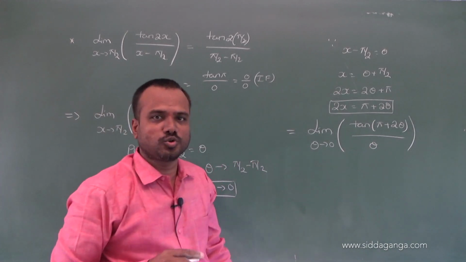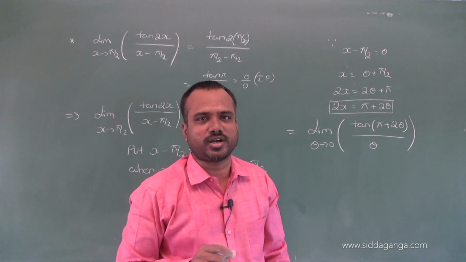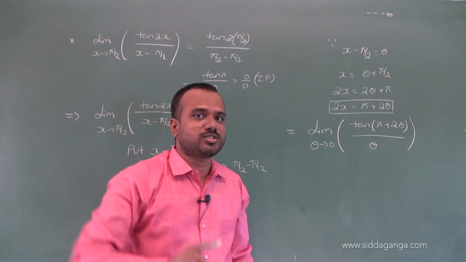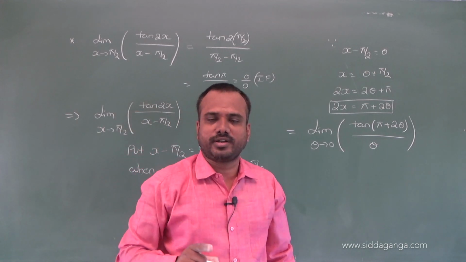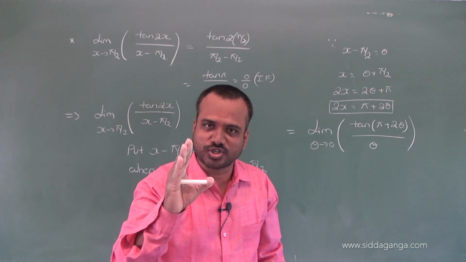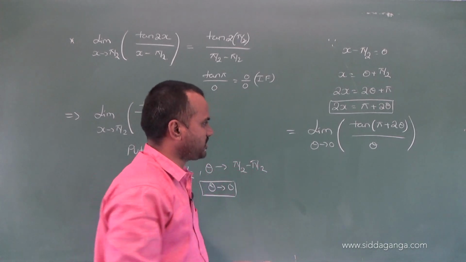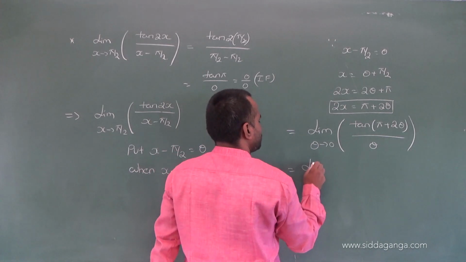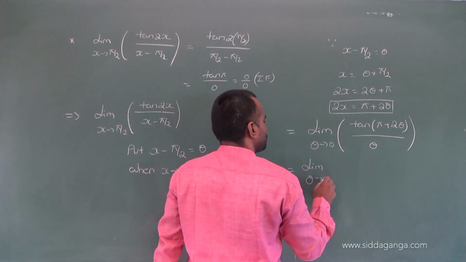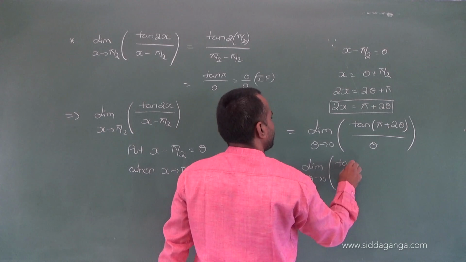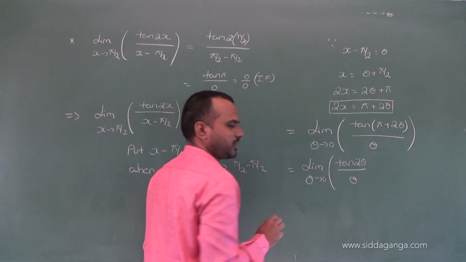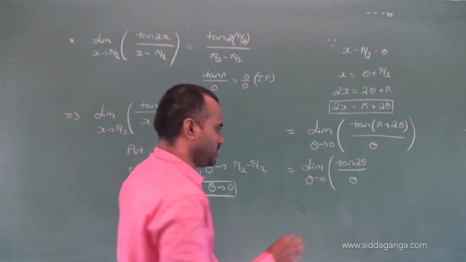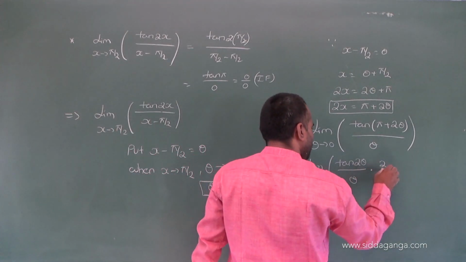Tan of 180 plus theta lies in the third quadrant, where tan is positive, so it is tan theta. Limit theta tends to 0, tan 2 theta divided by theta. For that, what we do? We multiply and divide by 2.